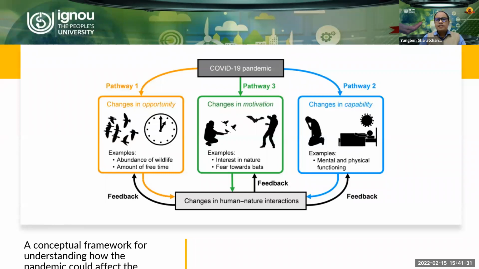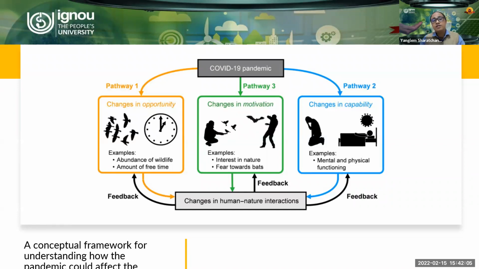Again, this also shows how we have to understand this COVID-19 pandemic. Because of it, we can look at what kind of pathways happened, and what kind of pathways we can look at by taking this global pandemic as a lesson for the future, to have sustainable policy and planning.